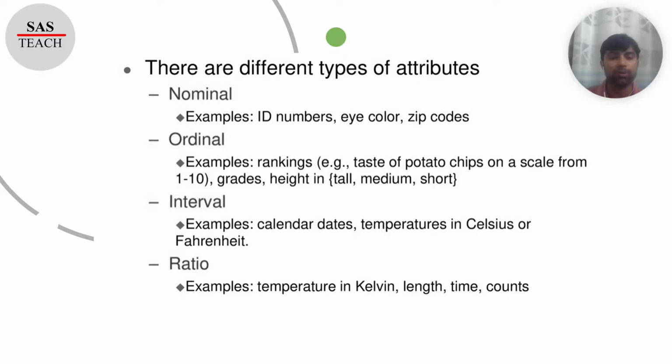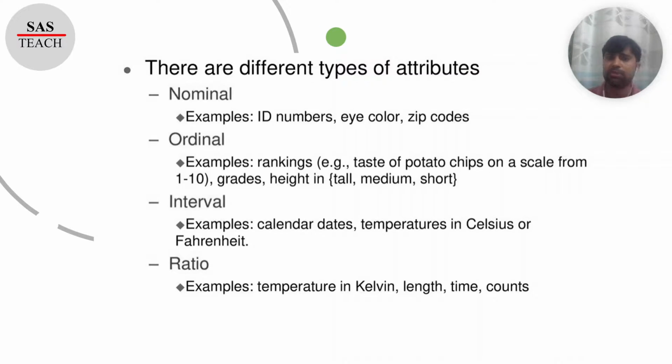For example, if there is nominal data, then that can be an ID number, eye color, or zip codes. If there is ordinal data, then that will be a ranking.